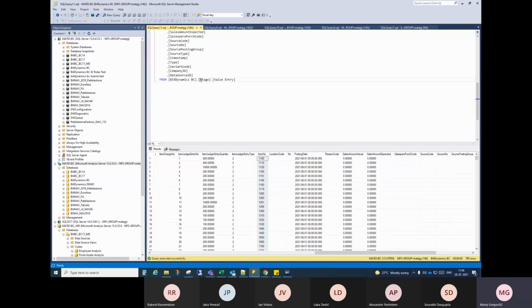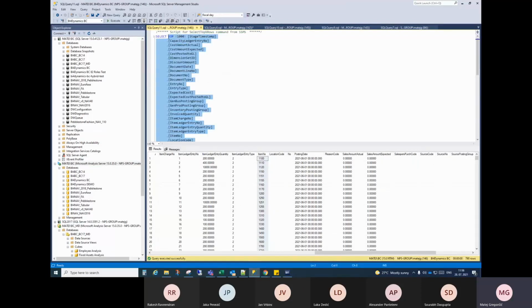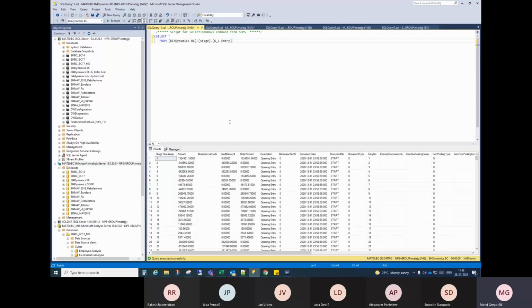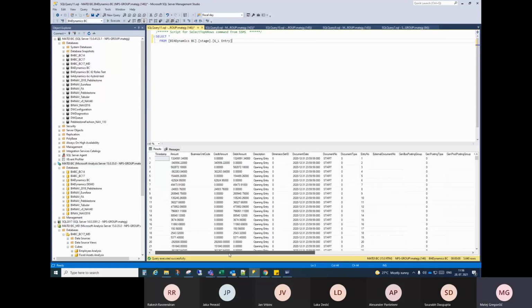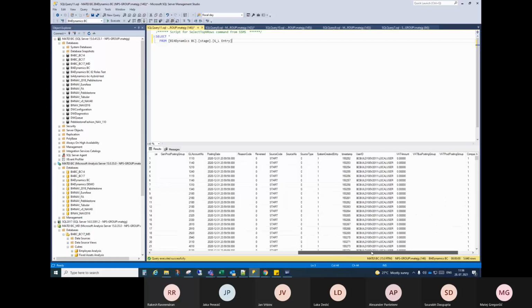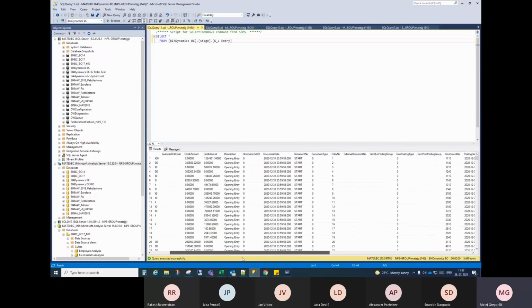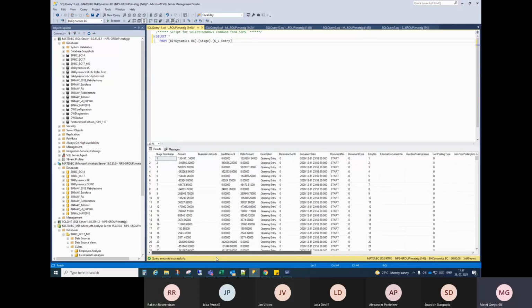This is value entry, but let's select everything from GL entry stage.